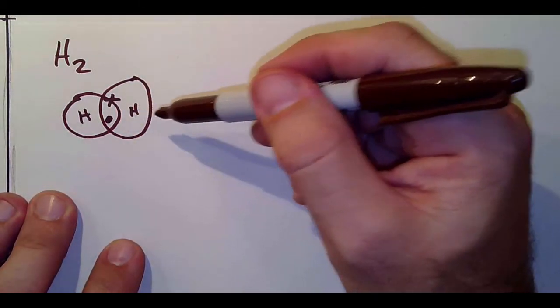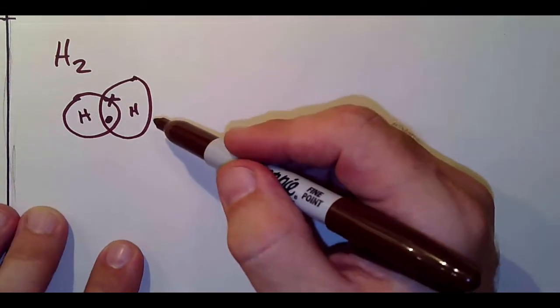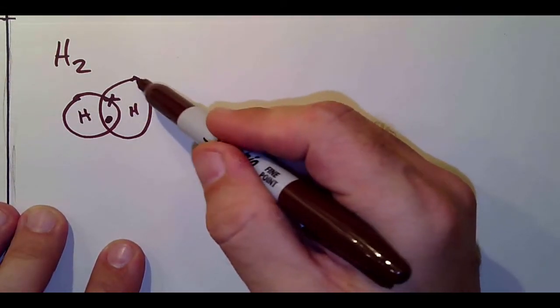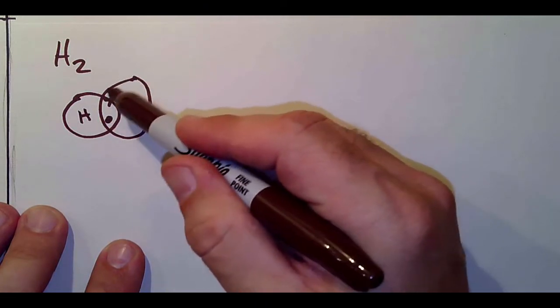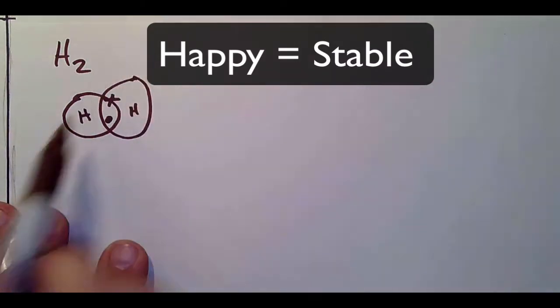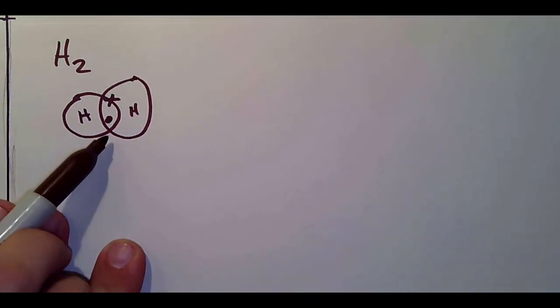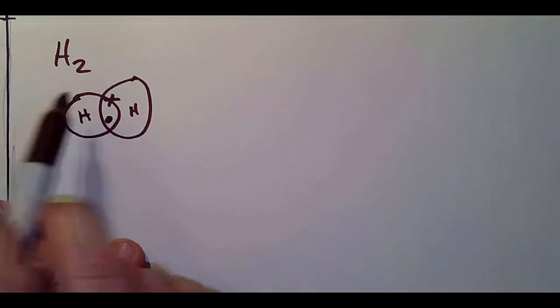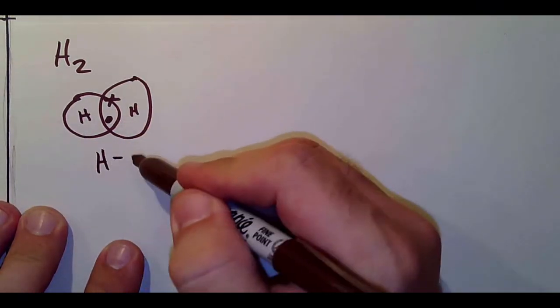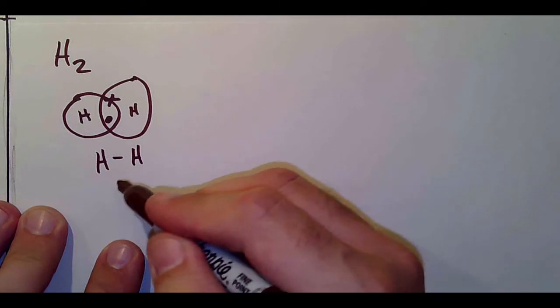So they're close together, and from the perspective of this one atom here on the right, its shell, its orbit, has access to 2 electrons, so it's now happy. And this hydrogen here on the left also has access to 2 electrons, so it's happy. This sharing of one pair of electrons is what we call a single bond.